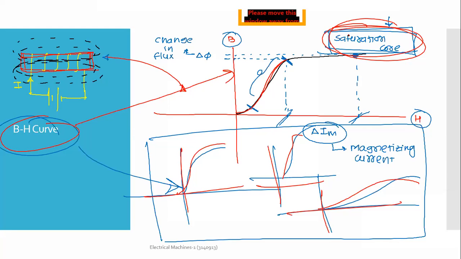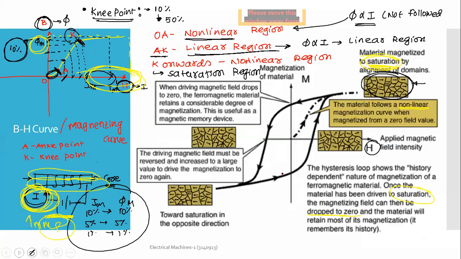Why did this happen? Because of the domains which we have seen here. When we take the magnetization back, if it was operated in the saturation region somewhere here, then the domains will not remain the same. These domains will be completely different, and the material has lost its magnetizing property.